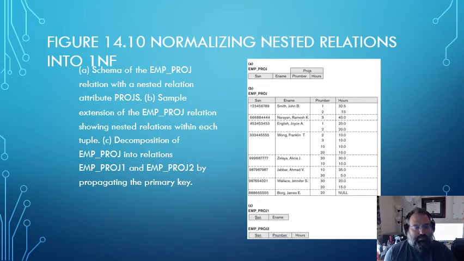A, schema of the employee project relation with a nested relation attribute projects. B, sample extension of the employee project relation showing nested relations within each tuple. C, decomposition of employee project into relations employee project 1 and employee project 2, propagating the primary key.